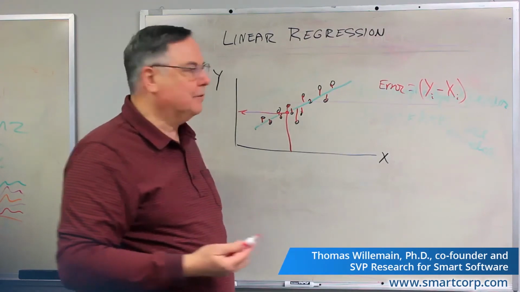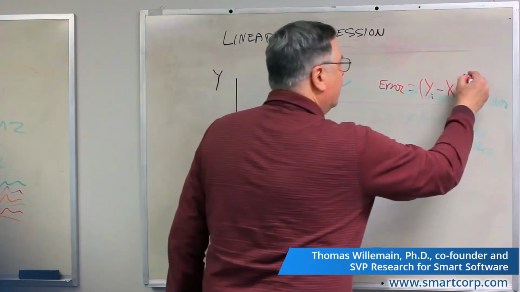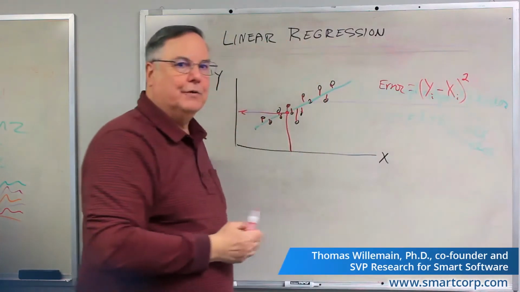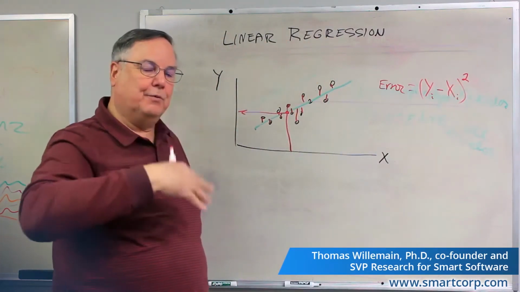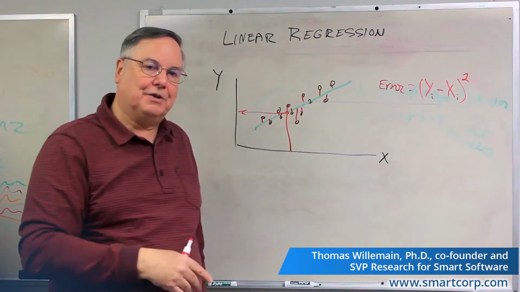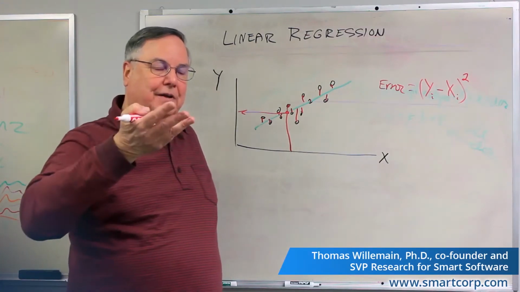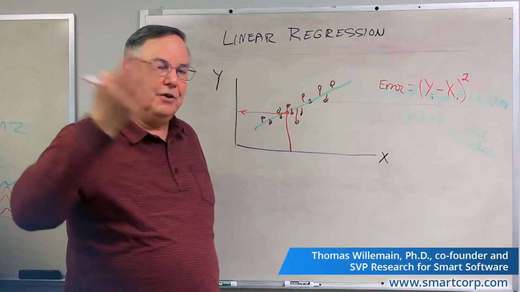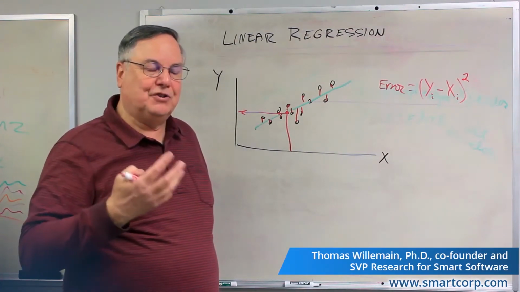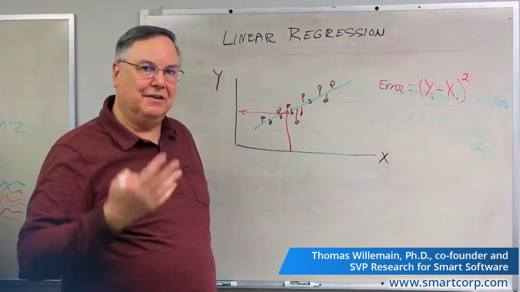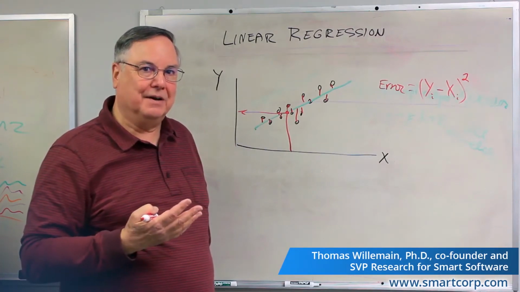So there's a little trick we use. We square these so that the negatives, like if we're off by 3 in the negative direction, it becomes a +9. And if we're off by 3 in the positive direction, that's also a +9. So it's just the distance, not the negative or positive sign, that matters.